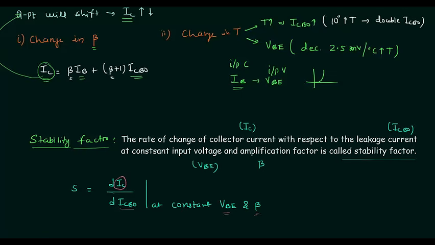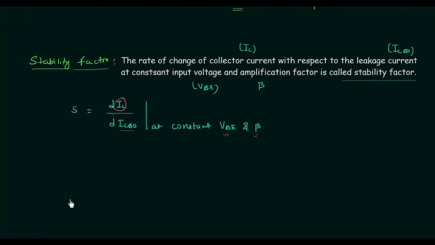Apart from this, two other types of stability factors are also there. The first one is S prime, and S prime is equal to dIC by dVBE, the change in collector current with respect to the input voltage at constant leakage current and amplification factor.